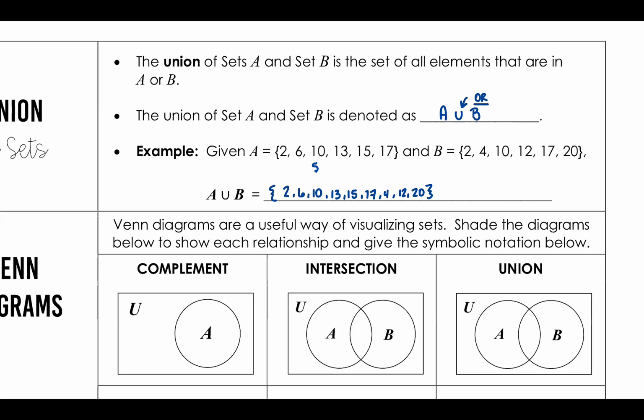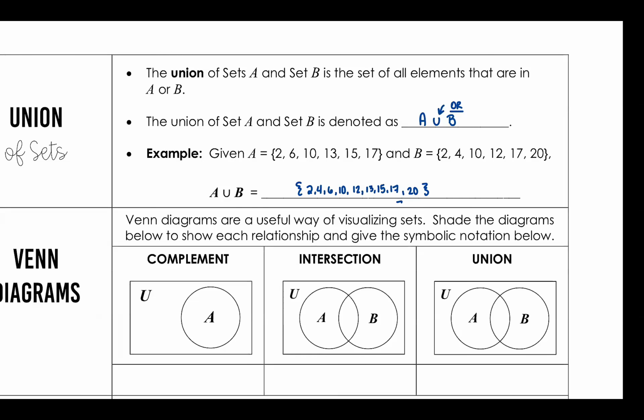So 2, 4, 6, 10, 12, 13, 15, 17, and 20. And yes, that is the way it has to be done. Go ahead and erase that, and we'll move this on down.